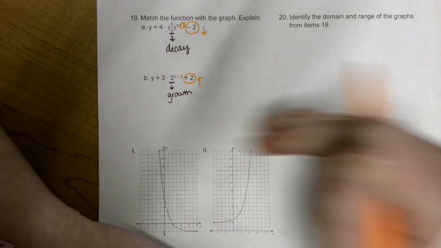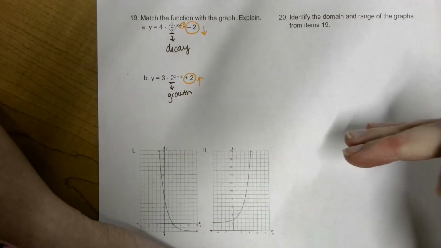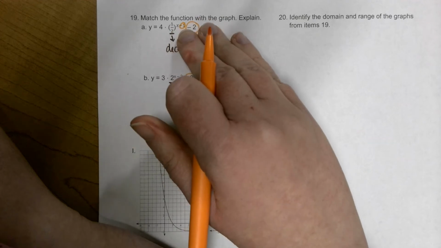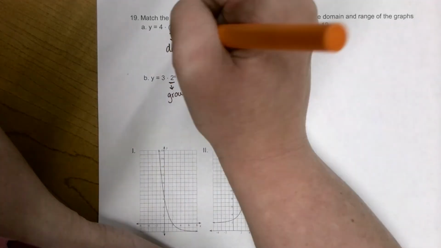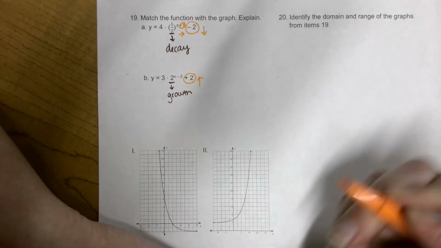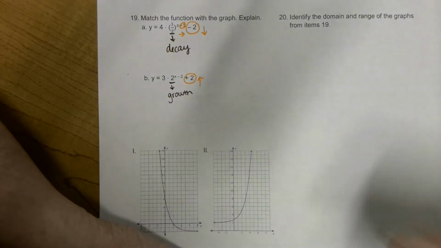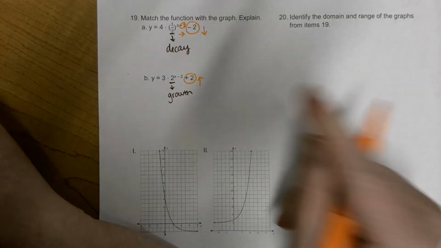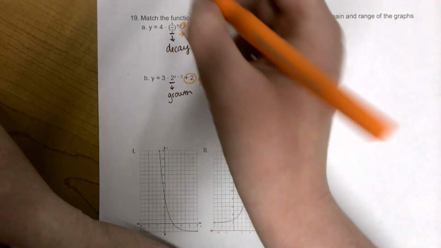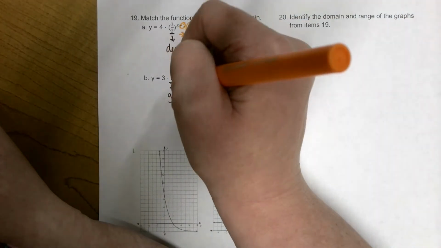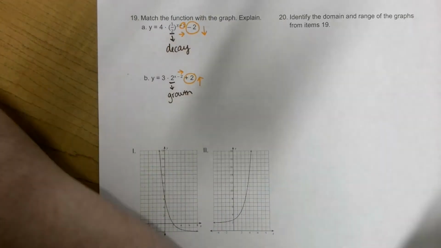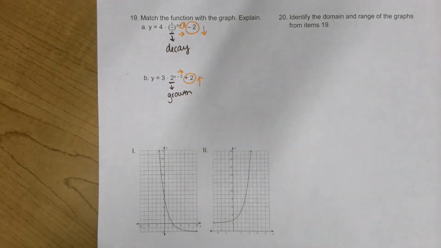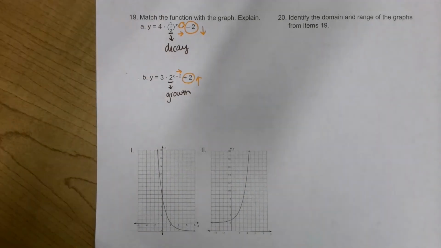So this is a horizontal shift if you're subtracting or adding from the x. If you're subtracting 1 from x, it should shift to the right 1. And I know a lot of people are like, well, wait, negative is to the left. Remember, it's opposite on horizontal shift. It's opposite from what you would expect. So this would shift right, 2 units instead of 1 unit.